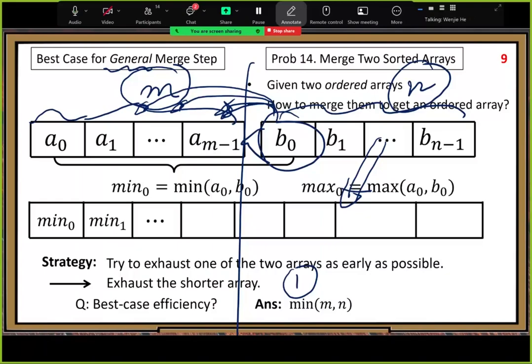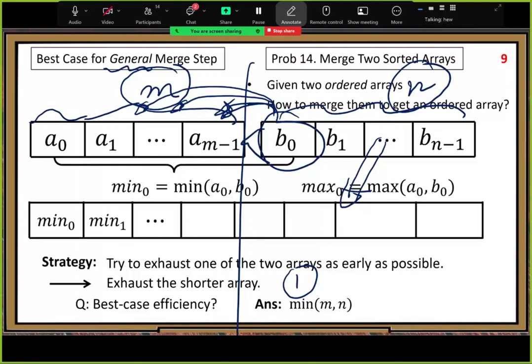Probably I can make a simple question asking you to compare the average case efficiency for those two ways, and let's see which one has better average case efficiency. That would be interesting.